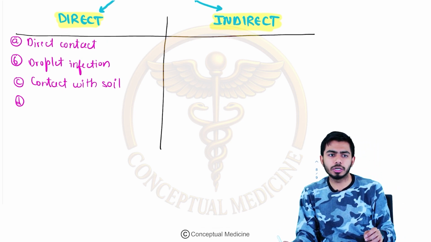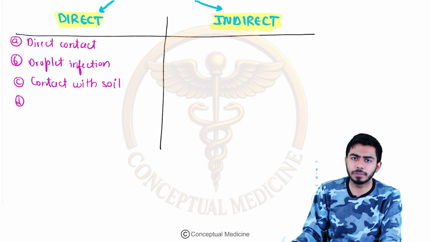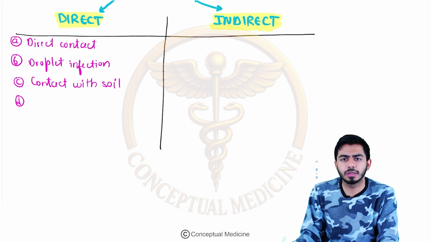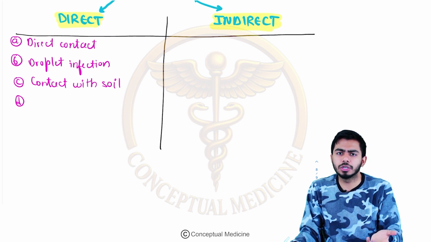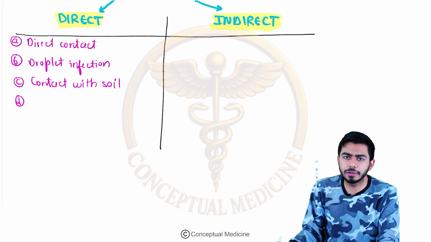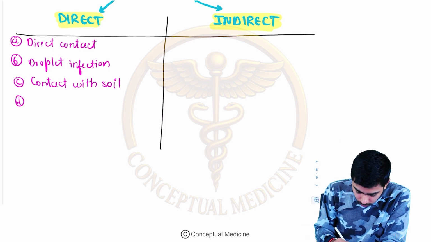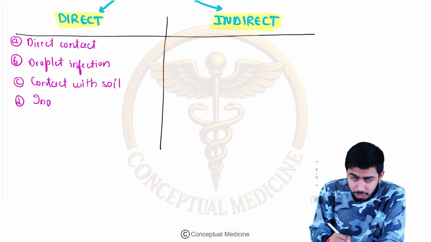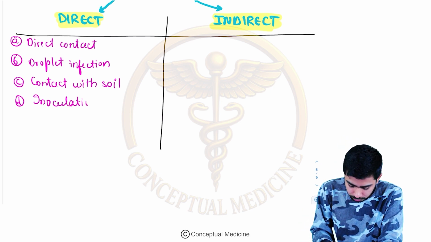Inoculation means through a thorn prick, for example, through a thorn you might get sporotrichosis, or with a needle prick you might get HIV or hepatitis. So the term is inoculation, through a prick or thorn prick.